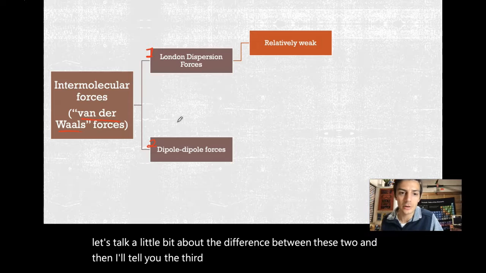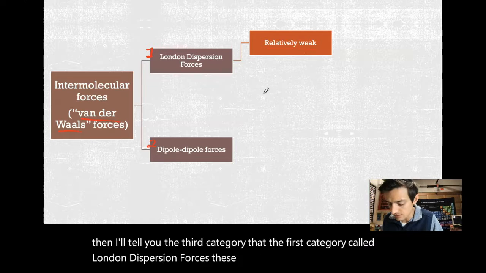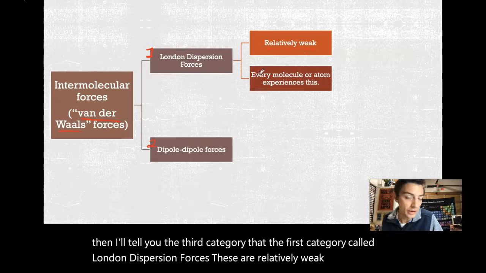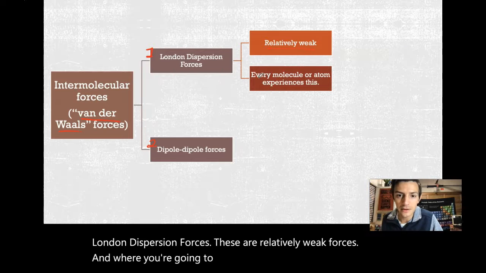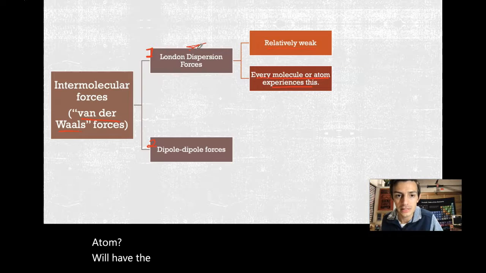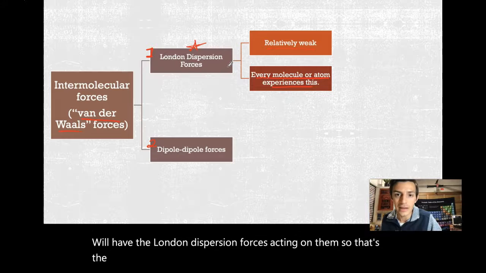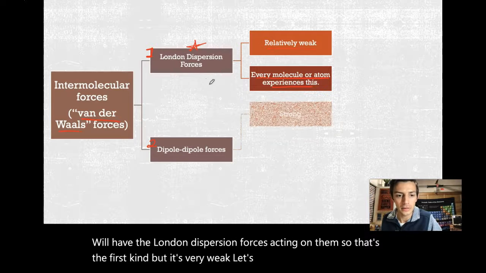The first category, London dispersion forces, are relatively weak forces. You're going to find them in every single molecule or atom. So that's the first kind, but it's very weak.